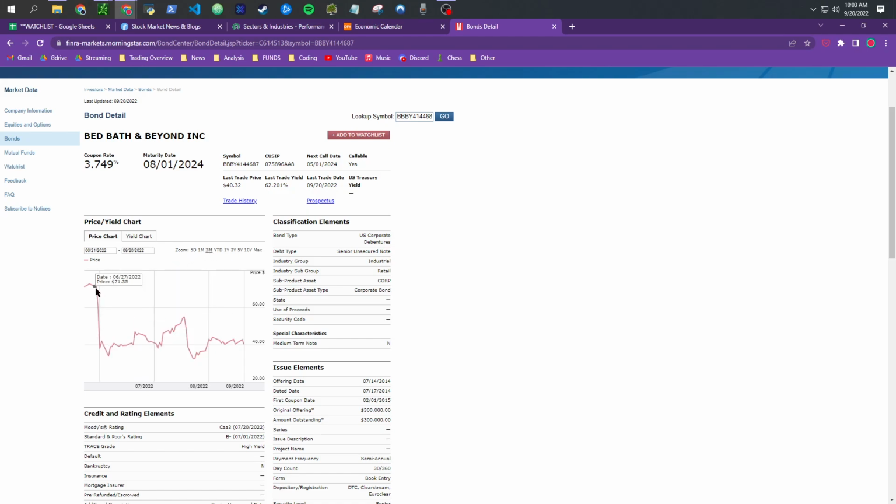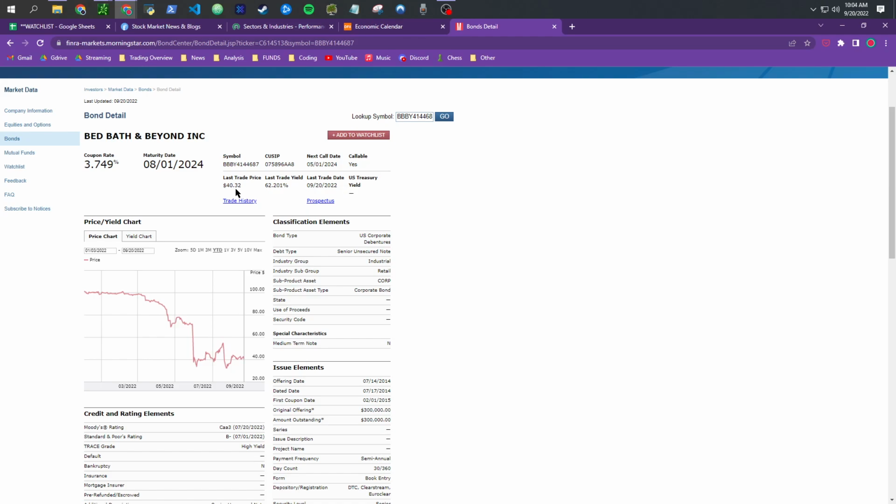I think BBVY was still in play then, right? Or people were still going crazy over it. Let's do year to date. So as you can see, bond prices have just tanked since March. And as more news was coming out, as they were getting financing, we had these little spikes, right? But the bonds expiring in just under 2 years are trading at 41 cents on the dollar.